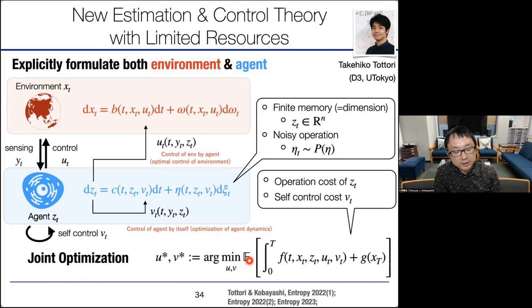We want to optimize the control from the agent to the environment. This is the usual one, but we also optimize the control from the agent to the agent itself. So this additional control optimizes the agent itself: how to memorize the sensory signal and how to behave with respect to that.